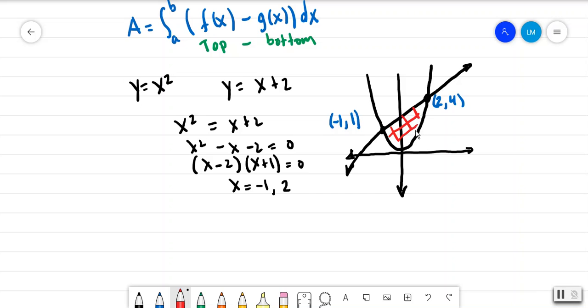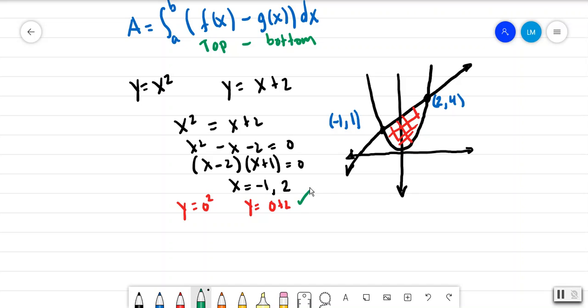Now, I mentioned earlier, how do I know which one is the top and which one is the bottom if I don't have the graph? Well, you could always plug in, let's say, 0. So y equals 0 squared, y equals 0 plus 2. It's clear that the one that's greater is x plus 2.